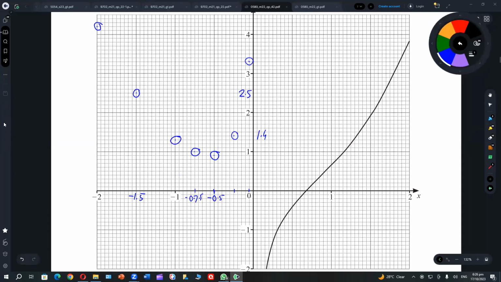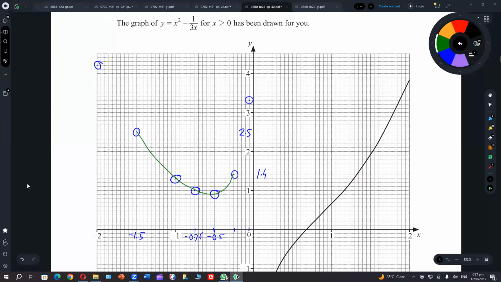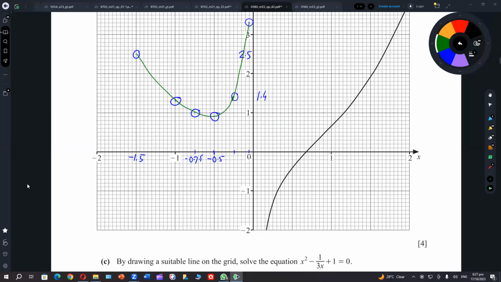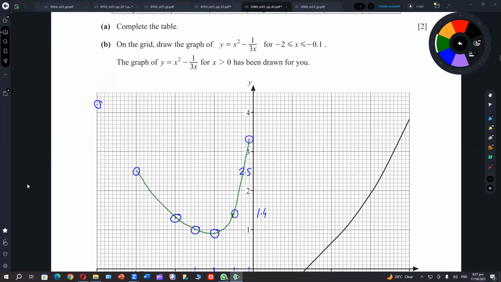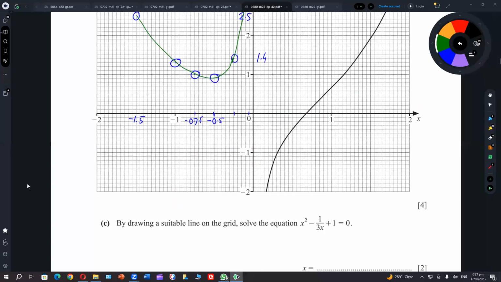It's not a very symmetrical shape, but I'm getting a shape like this.